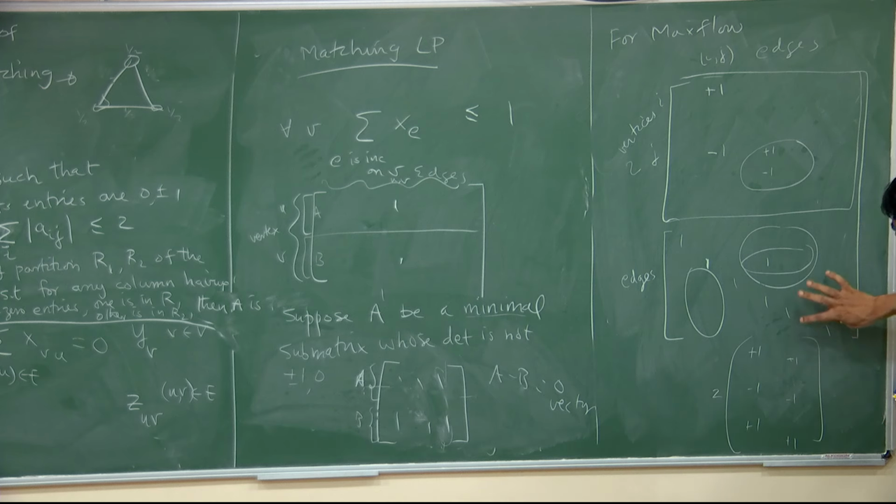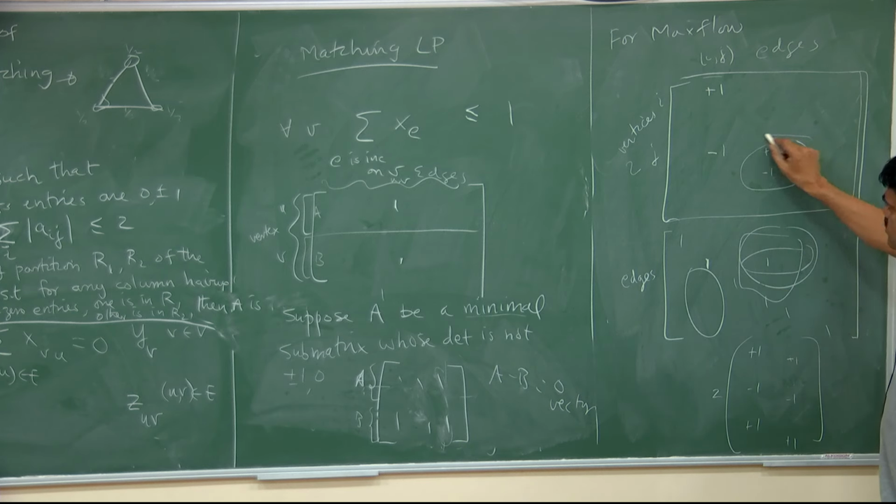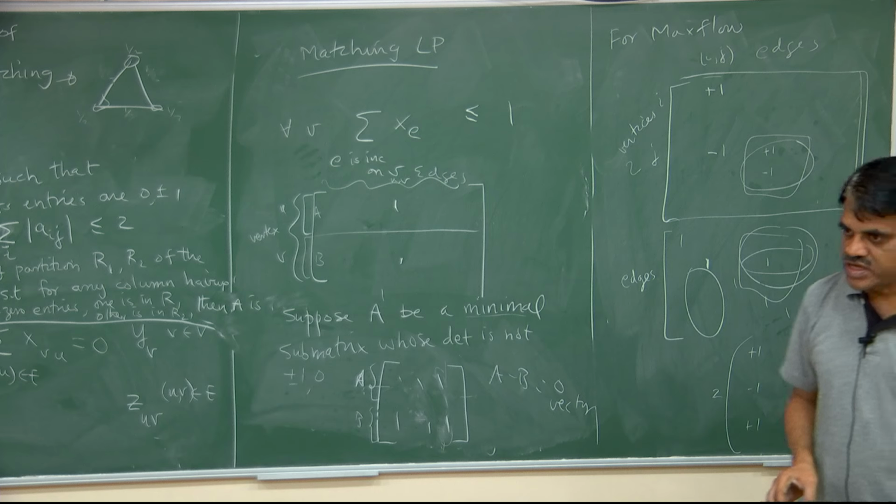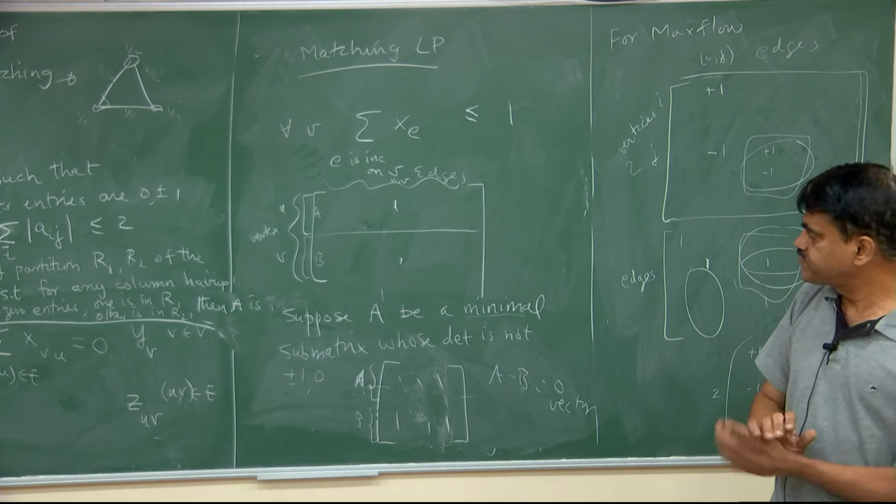Did I pick a submatrix of an identity matrix? Maybe some sort of induction: you pick some submatrix of an identity matrix, a submatrix of a totally unimodular matrix, and put them together and find the determinant. It may again be plus or minus 1 or 0. Okay, check that out as an exercise. We'll look at it next time.